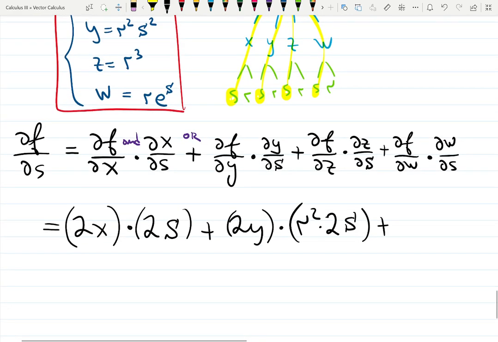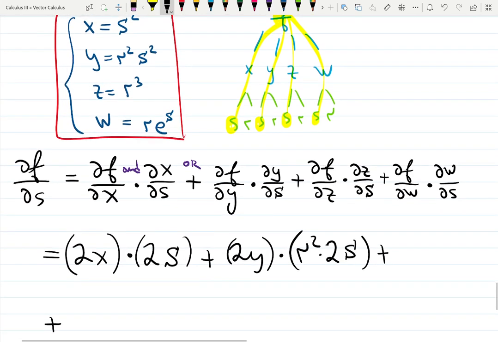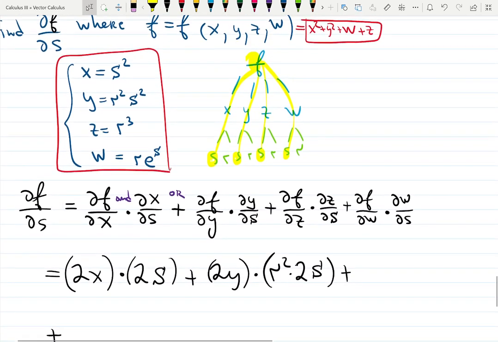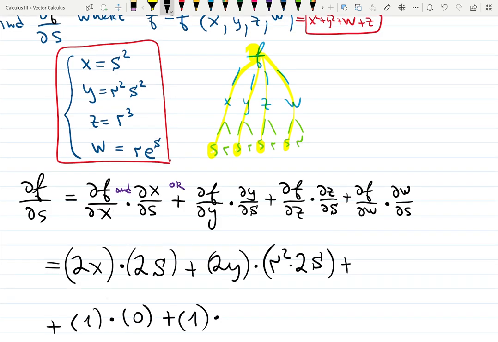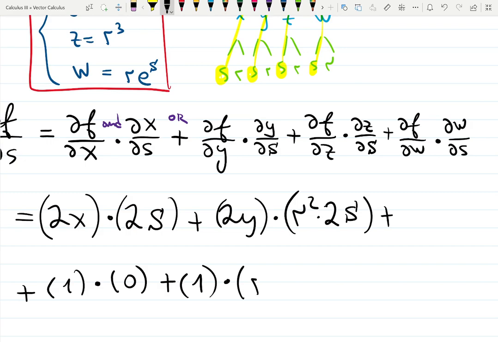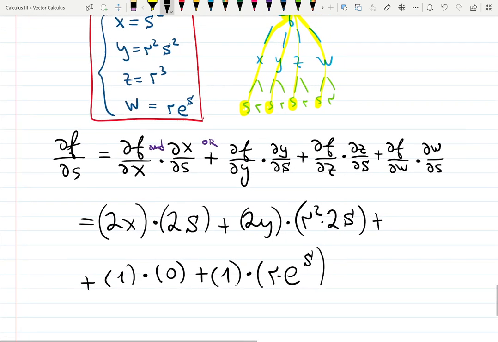Plus, let me jump down. Derivative of f with respect to z is 1, because it's just z there, times derivative of z with respect to s. Looking at z in my list, it's r cubed. There's no s there, so it's just 0. Plus derivative of f with respect to w is 1, times derivative of w with respect to s. That's r e to the s. Derivative of exponential function. Done, and this is the answer.